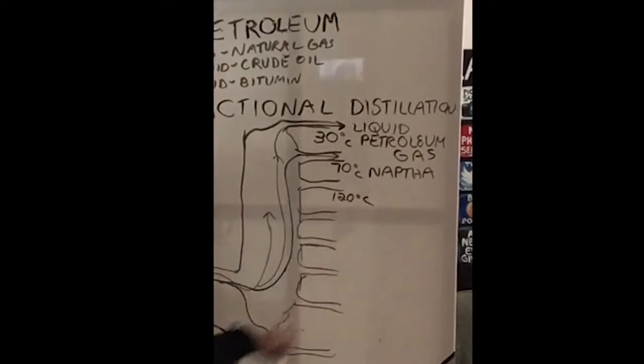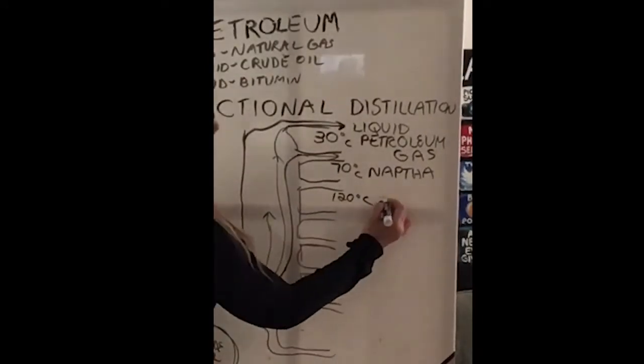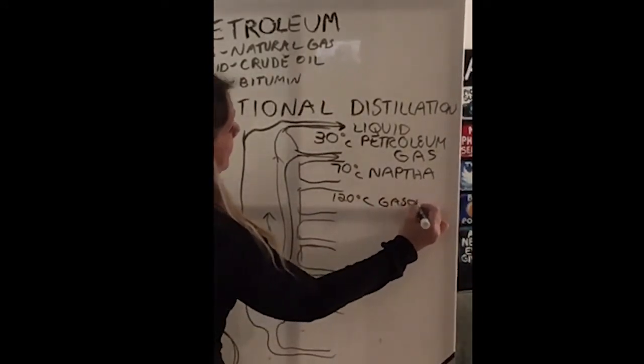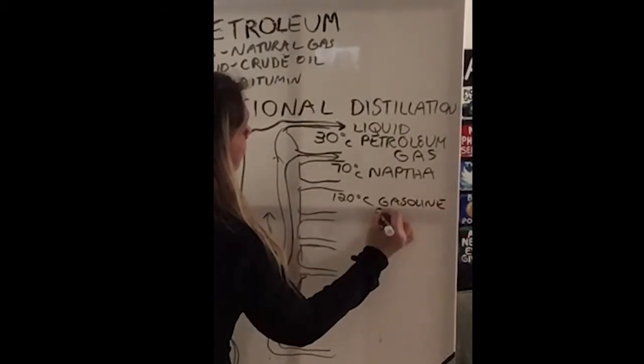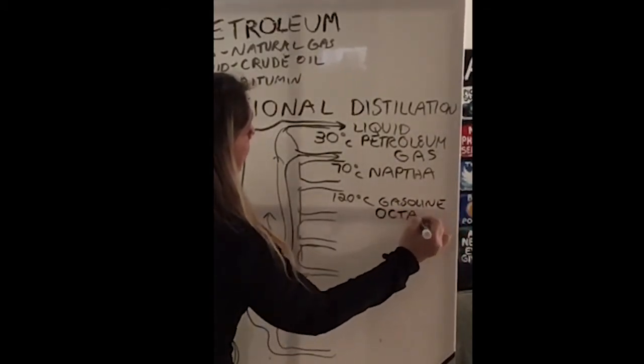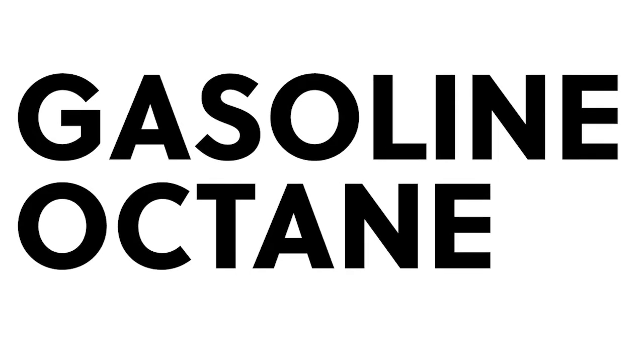So then that is collected. All right, then we keep boiling until we get to about 120 degrees Celsius. And that is gasoline then. Gasoline, the form of octane. So octane, the gas that you put in your car, gas station. It has 8 carbons in it. That's why it's called octane. Oct means 8. So that's the next thing that boiled and was collected.